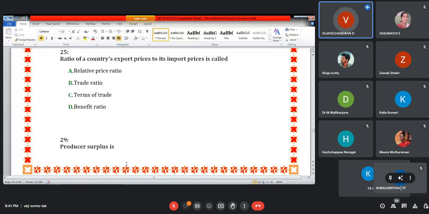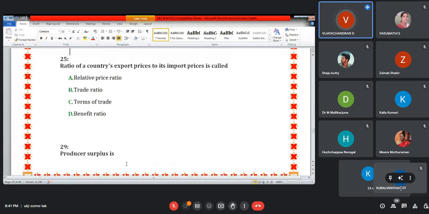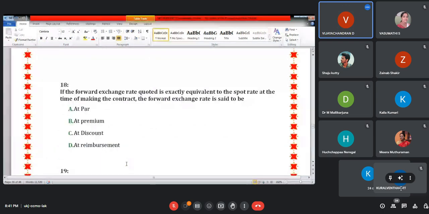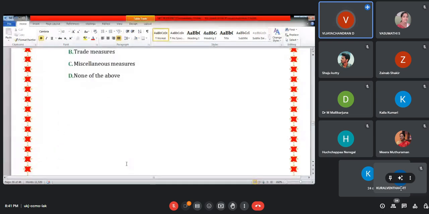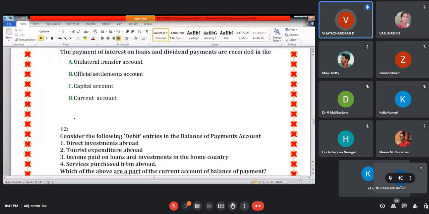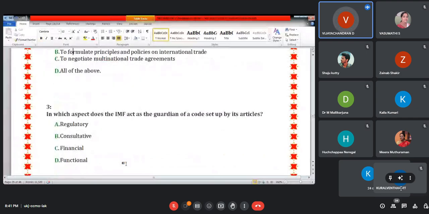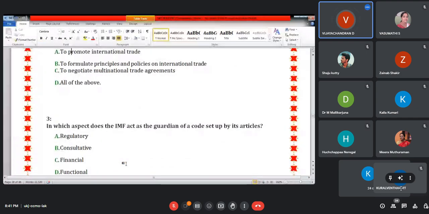So different approaches are very important in international trade. Kindly go through the different concepts. I think it will be very easy. The questions are not that difficult in your examination, particularly in the case of international trade.